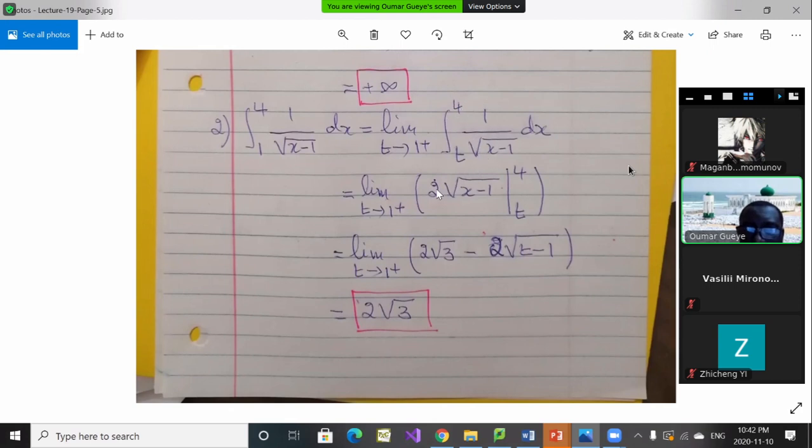The antiderivative is going to be 2 root of x minus 1, because I realize this function has the form of 1 over 2 root f. We have exactly these forms: the integral of 1 over 2 root f times f dash is equal to root f, based on the chain rule.